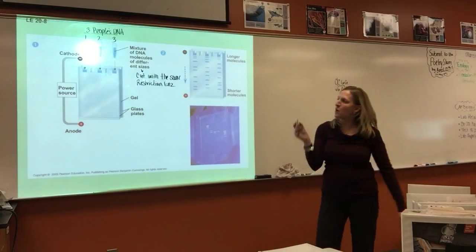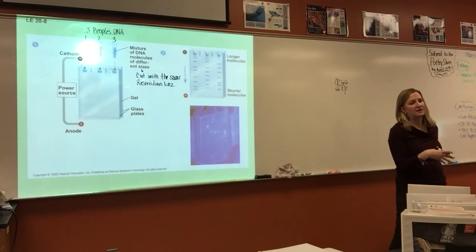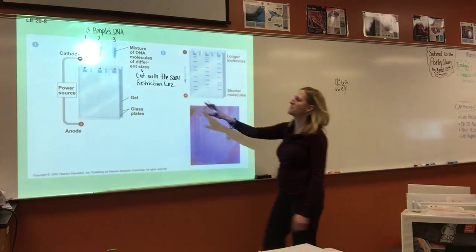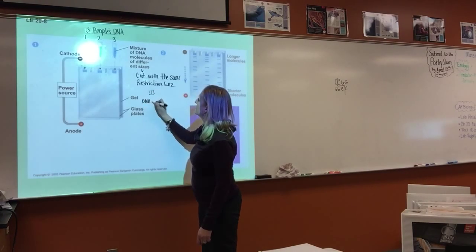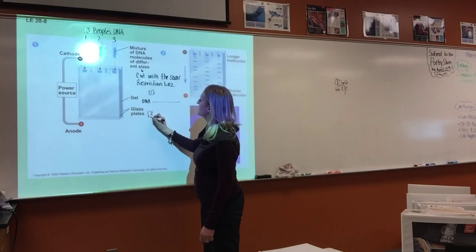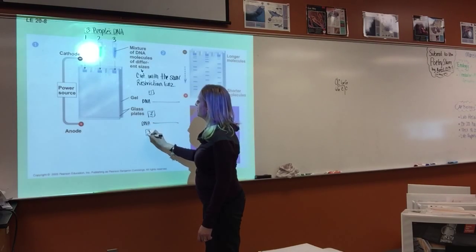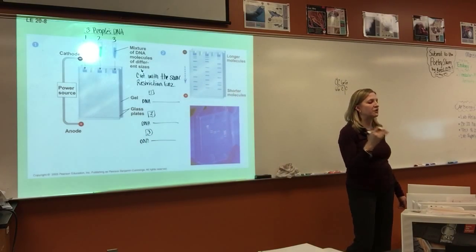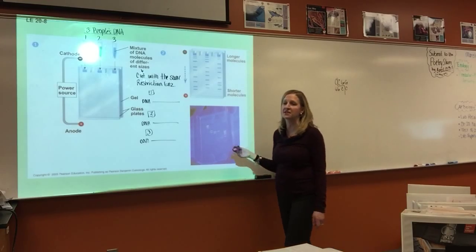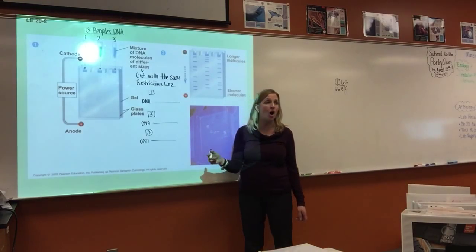And so our DNA gets cut up into smaller pieces. So what does that mean? If this is person number 1 and their DNA, and here's person number 2 and their DNA, and here's person number 3 and their DNA. Because everybody's DNA is slightly different, we're going to have different cutting sites. So where that restriction enzyme cuts is going to be different for all 3 people.